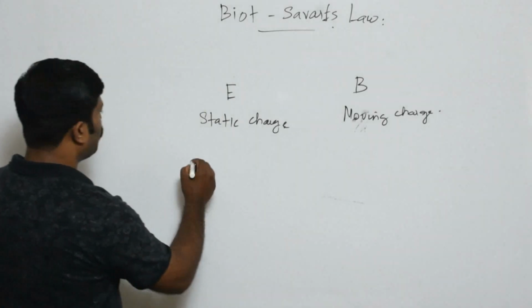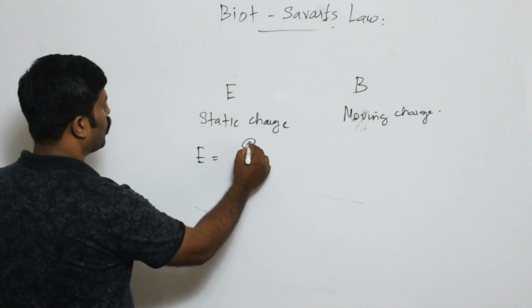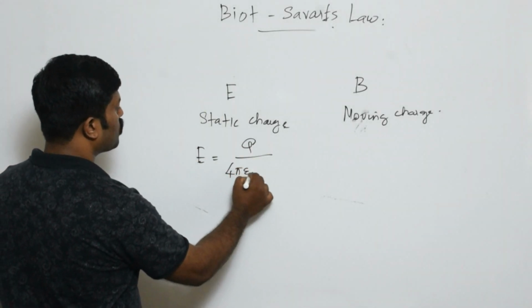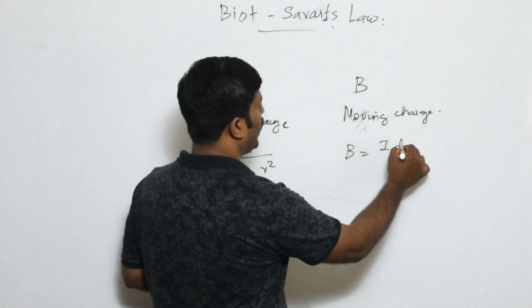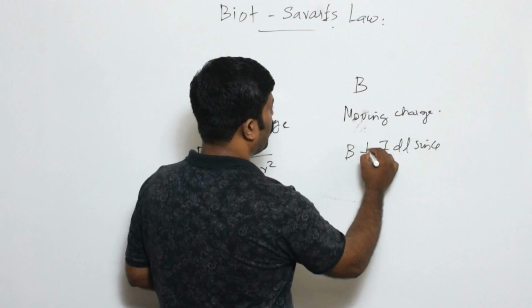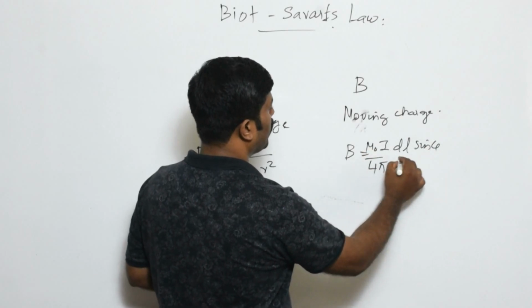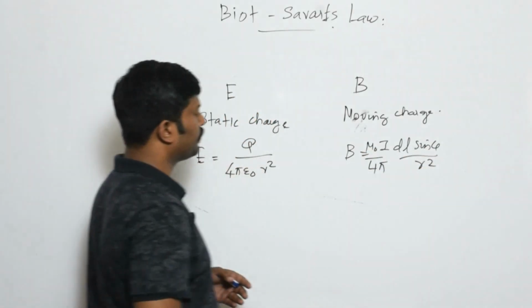And what is the formula to find the electric field? E is equal to Q divided by 4 pi epsilon naught into R square. Here the magnetic field is equal to mu naught divided by 4 pi, into I dl sine theta, divided by R square.